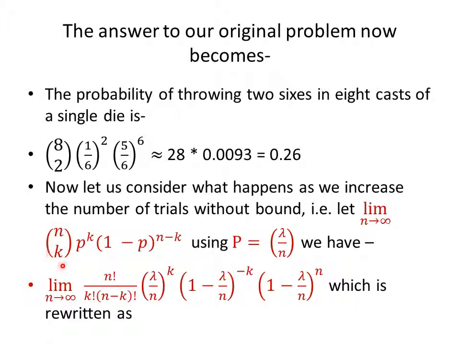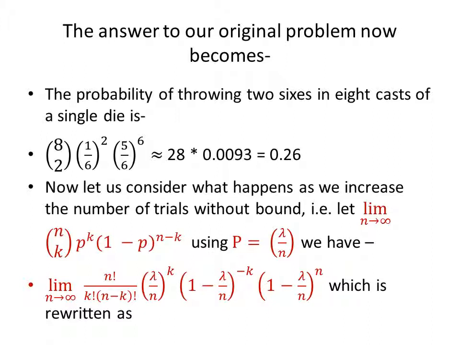The number of combinations of n objects taking k at a time, shown here. p to the k power, shown here. 1 minus p to the n minus k power, shown here. Actually, we separate using the fact that 1 minus p to the n minus k power can be separated into two factors this way.